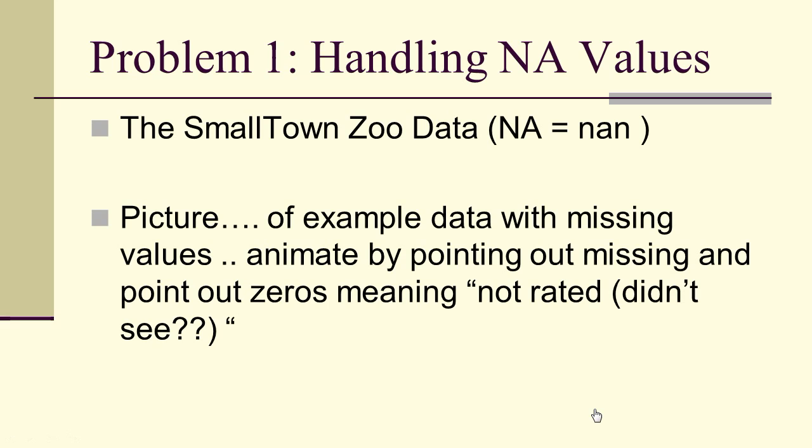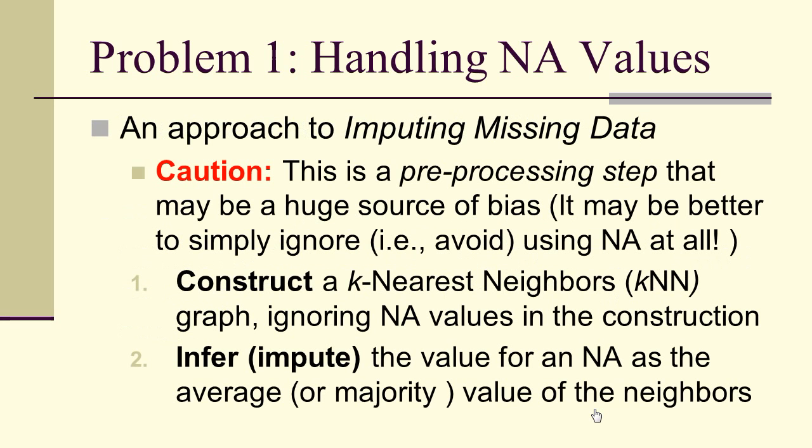So what would we actually do with this? Well, the first problem we're going to look at is what's called imputing, or replacing missing data. Now we have to be careful. This is a pre-processing step, and pre-processing always introduces some bias.